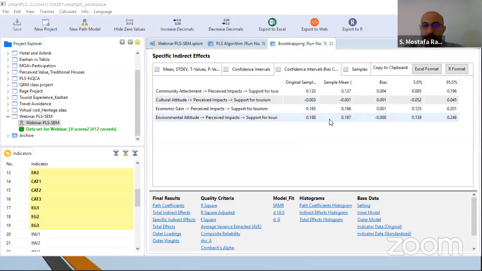Okay, so you can see the result here. This is actually for a simple mediator. Also, we can assess multiple mediators if we have some serial mediator or parallel mediator.